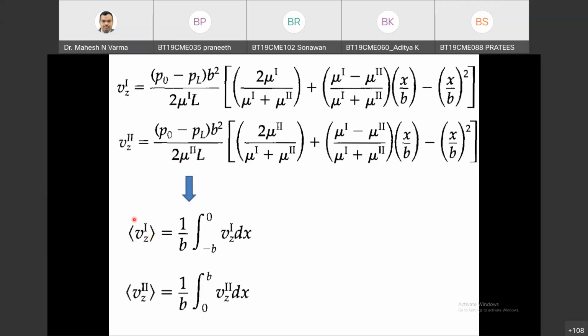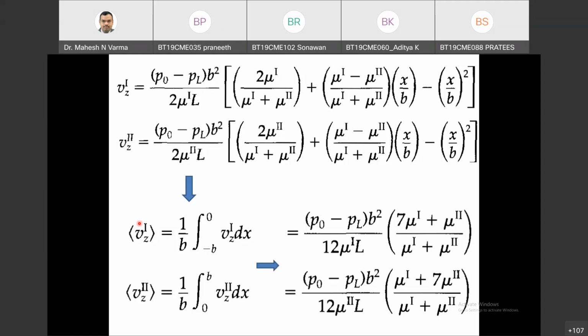Average velocities will be different, but the volumetric flow rate is adjusted such that the interface is at the center. The fluid having lesser viscosity will have more average velocity, and the fluid having more viscosity will have lesser average velocity.